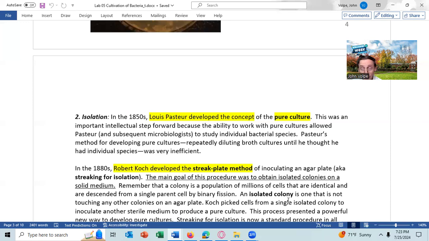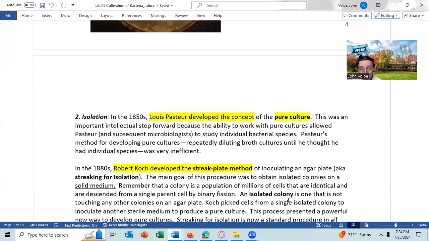That was a very difficult way of obtaining a pure culture, and fortunately, Robert Koch developed a much easier way. He streaked out his bacteria on a solid media, getting isolated colonies, and then took cells from one isolated colony and streaked them out on a second dish to get isolated colonies again.